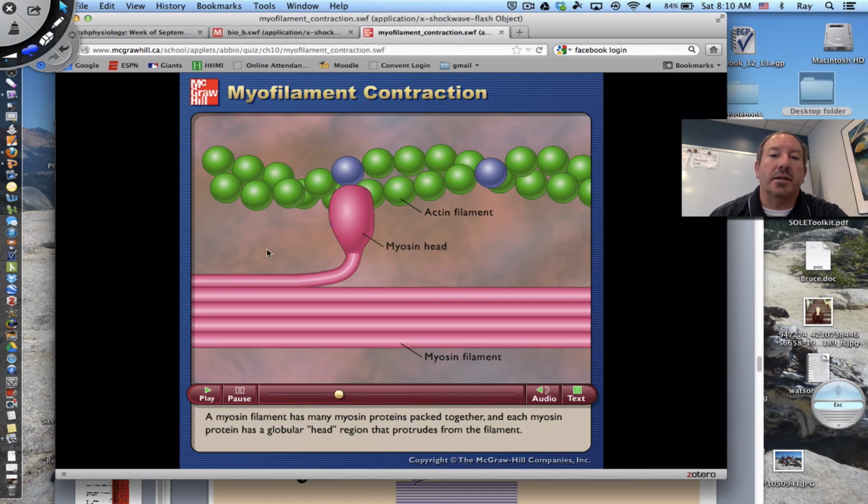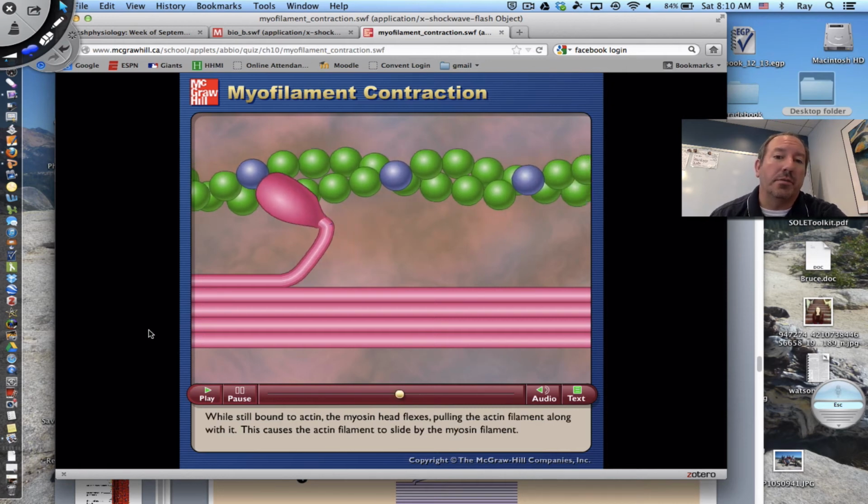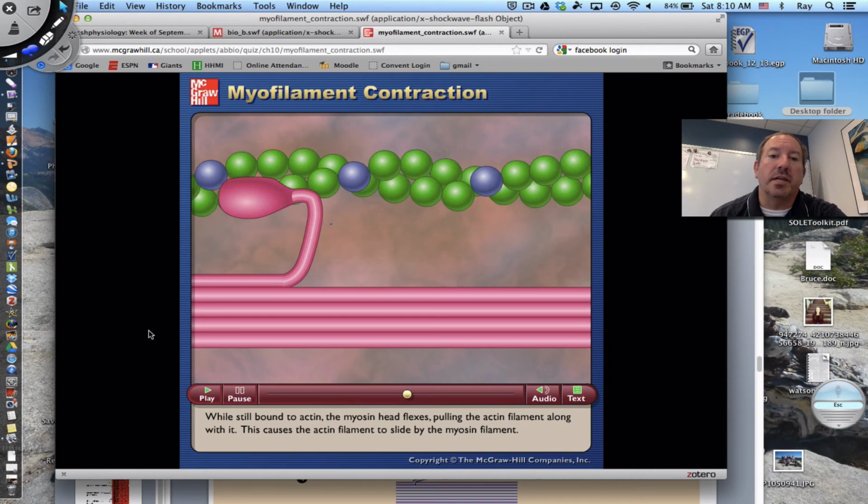Here's the myosin head, and so the ATP is needed to get myosin to let go of actin. And so as it turns out, these myofilaments are in contact with one another, and so the myosin attaches to the actin, and it's pulling, and it's going to pull it inward. See it pulling in? So in order for it to let go, a phosphate needs to be attached to the myosin cross bridge.